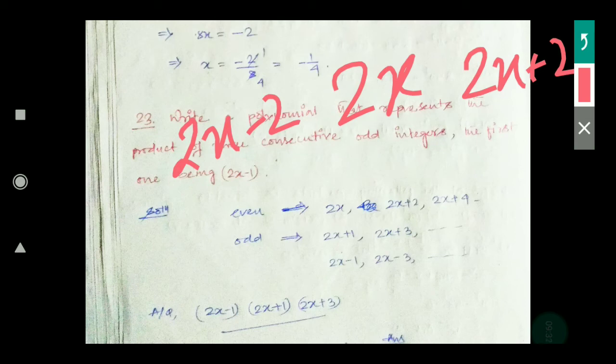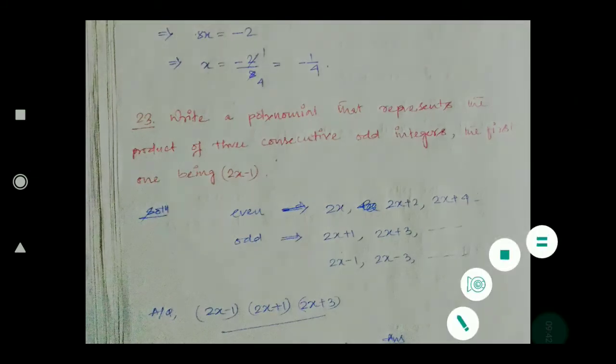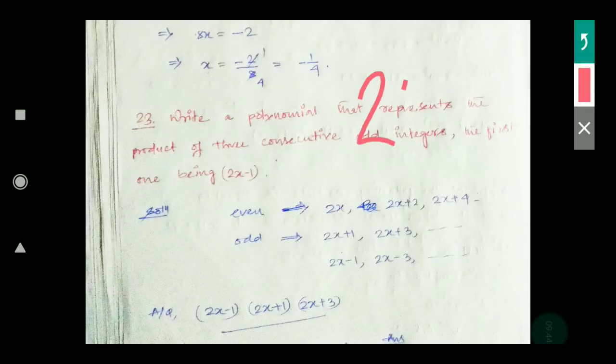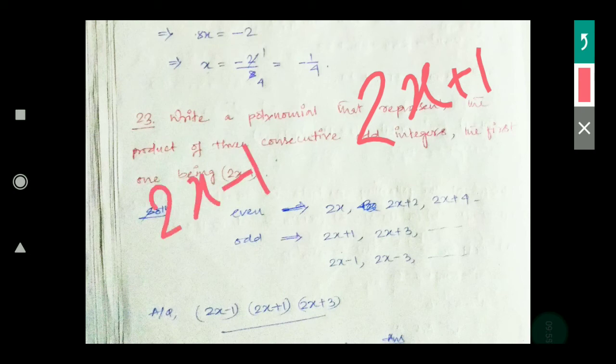Suppose you have 4, next to this even number you can tell 2, or you can tell 6. Similarly, if your first odd number is 2x plus 1, what is consecutive to that number? You can tell it may be 2x minus 1, or you can tell 2x plus 3.